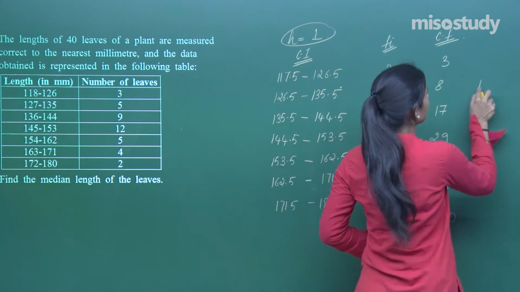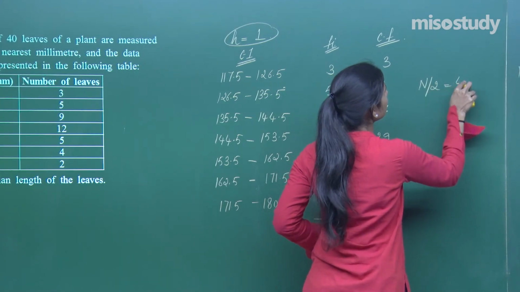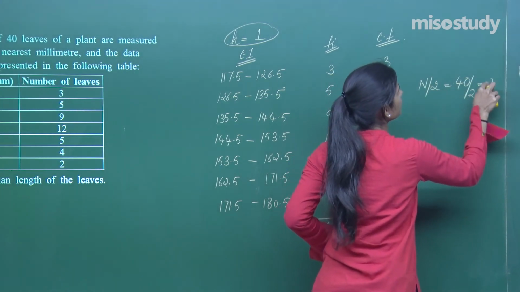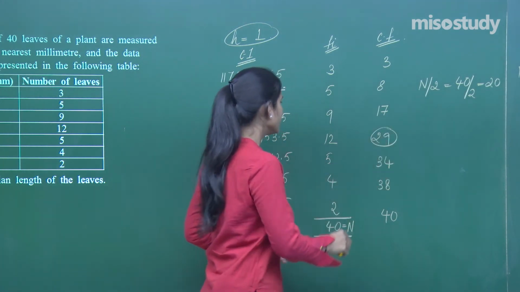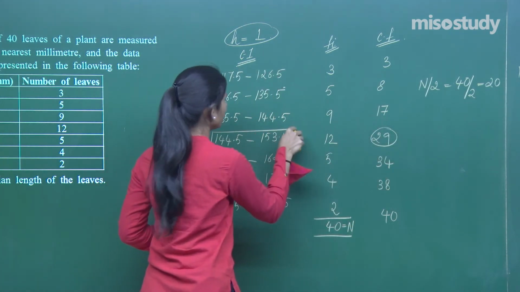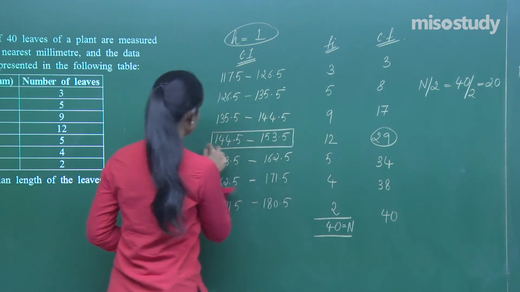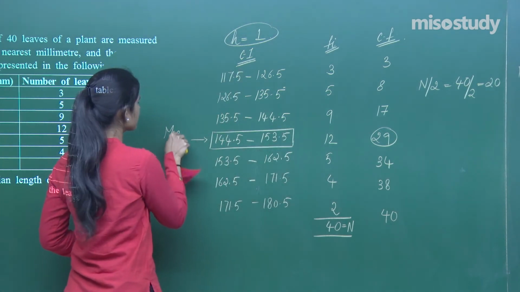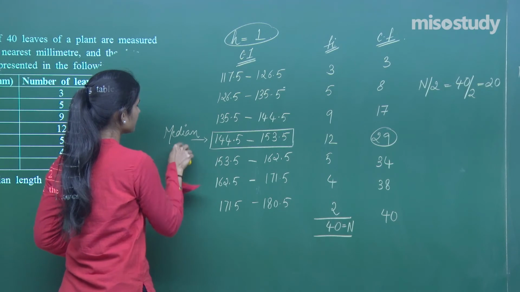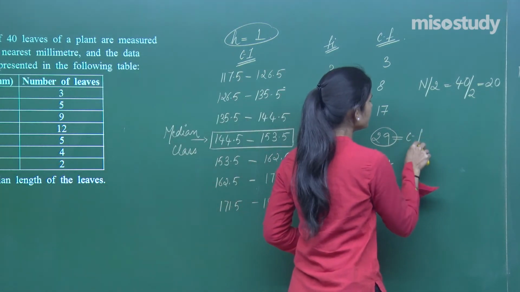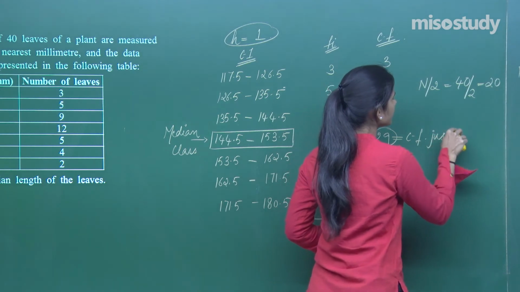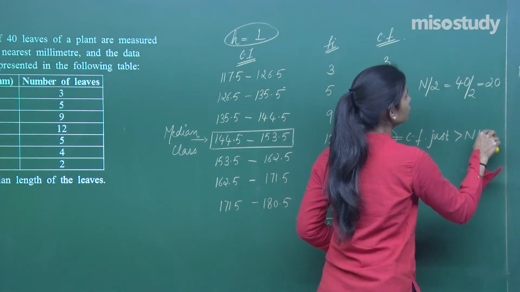N by 2 is 40 by 2, which is 20, and the cumulative frequency just greater than 20 is 29, and the corresponding class is your median class. This is your median class. Is it clear? This is the cumulative frequency just greater than N by 2, which is 20.